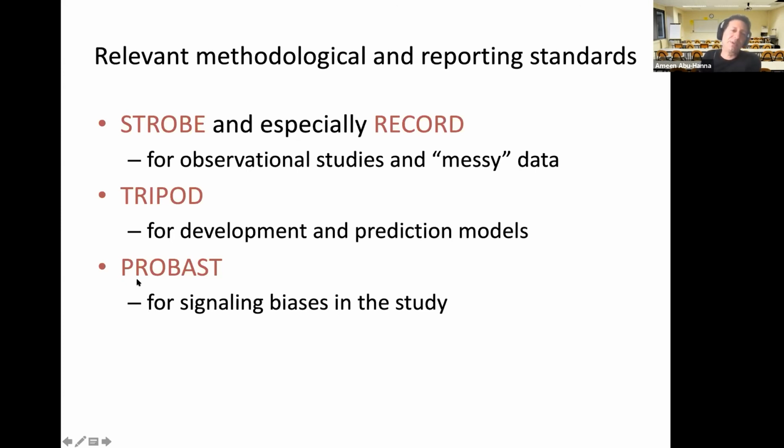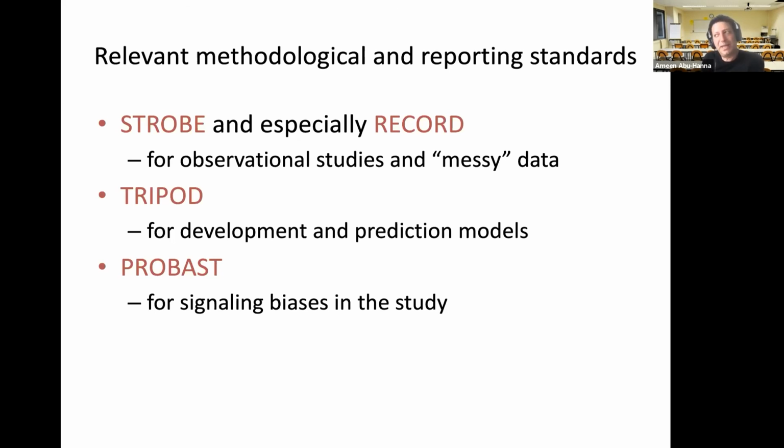Another thing which is important, although it is meant for, so PROBAST is a tool that is meant for people writing systematic reviews about prediction models. But I think you can use it when you build one, because there are, I think, 20 questions that are asked about the data set, about the analysis, about the outcome definition.